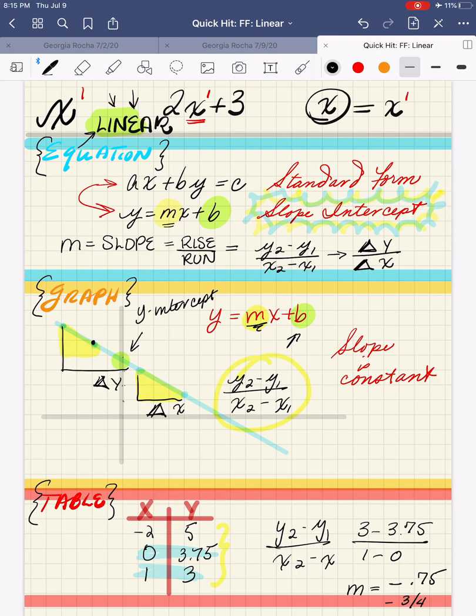And the key skills we need to know are the ability to move using algebra from the standard form to the slope-intercept form, to memorize our slope equation, y2 minus y1 over x2 minus x1, to be able to look at a graph and derive the equation, or build a table, as I did here, and use the table values to determine the slope. All of these I would call the suite of essential skills that you need to develop in becoming masters of the linear function.